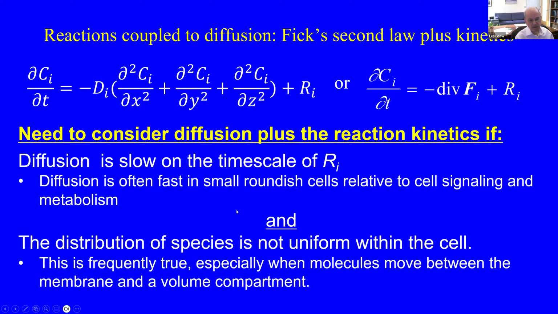The other thing that seems kind of obvious that you need to consider before you solve for the full reaction diffusion system like this is that the distribution of the species is not uniform within the cell.